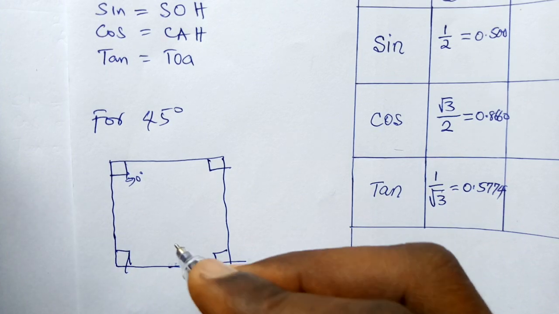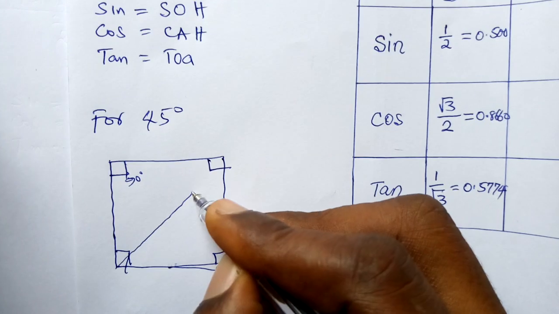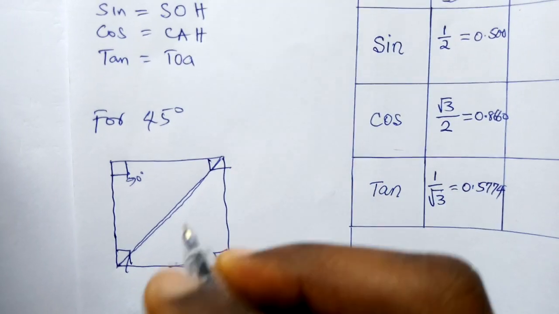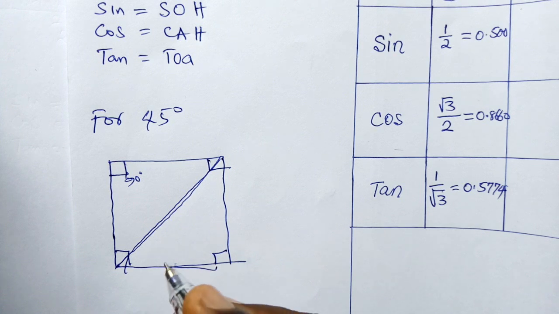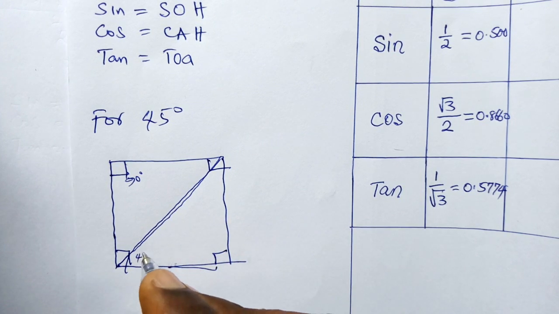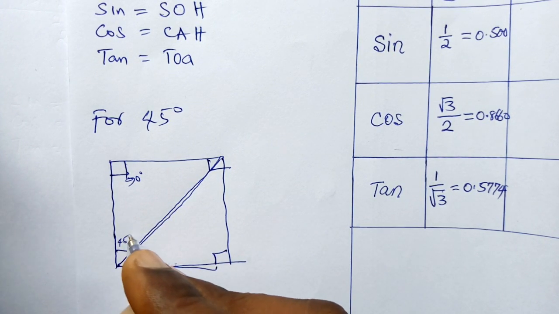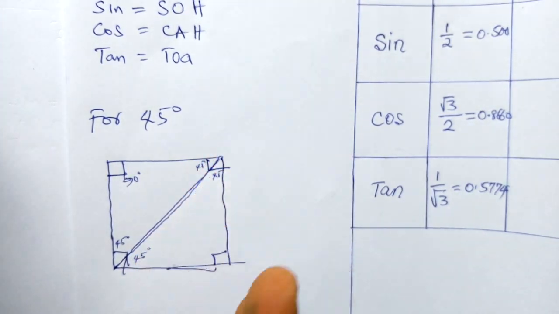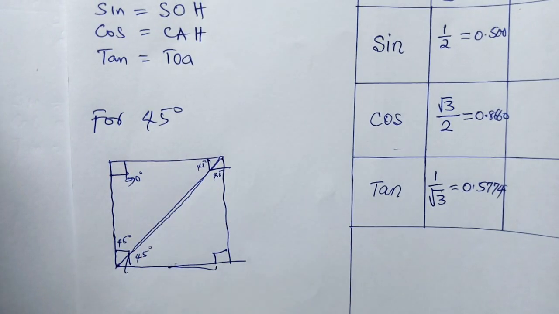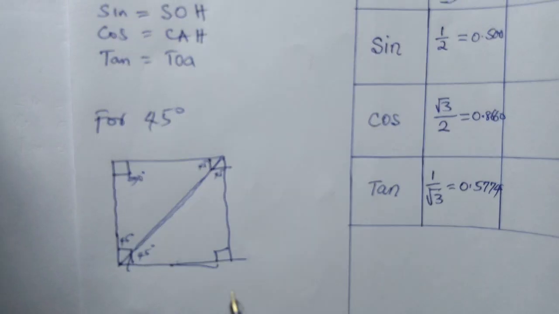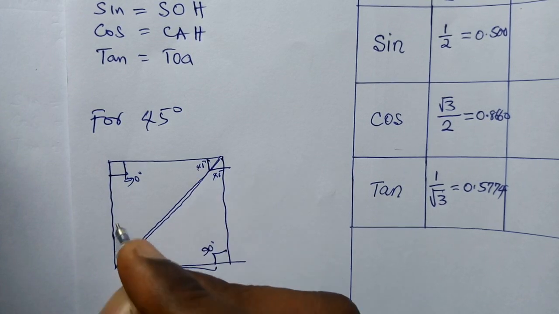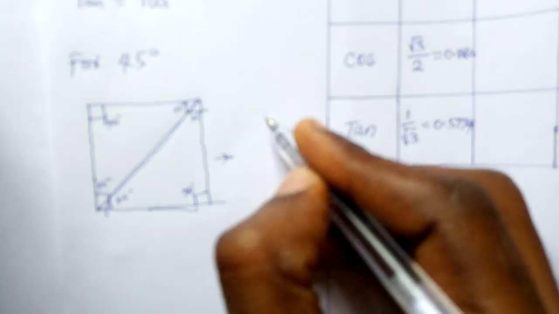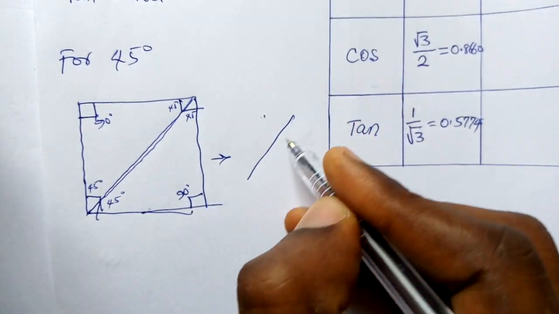If we bisect one of the angles, or divide it into two, we have 45 here, 45 here. So each of these right angle triangles, there are now two, will be 45, 45, 90, that's 180. So we use one of them.